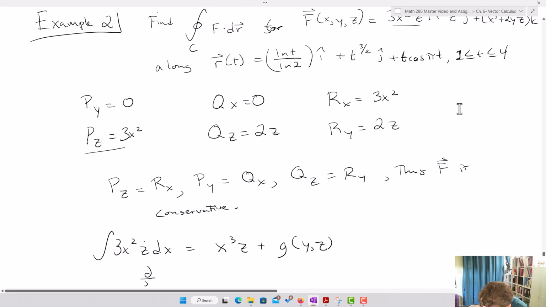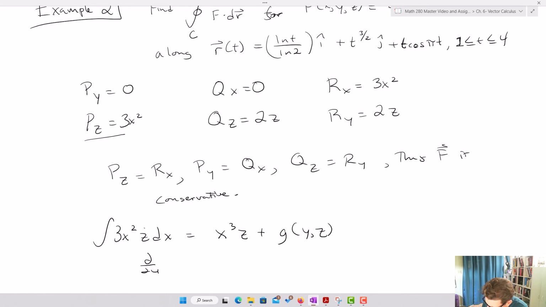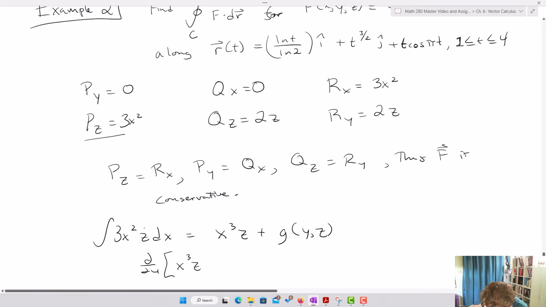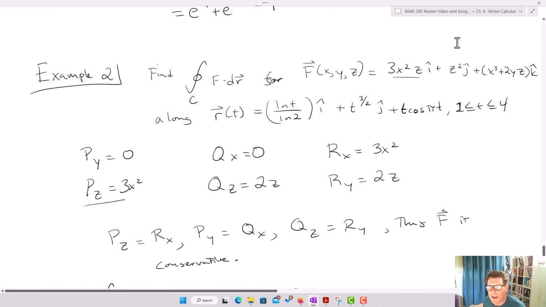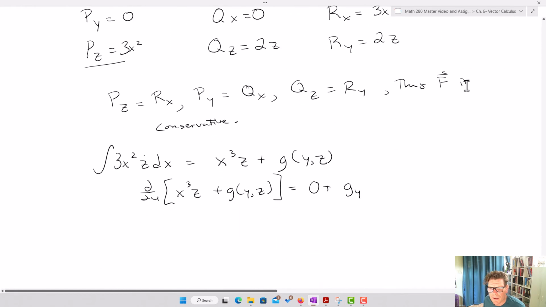So del y of x cubed z plus g of y, z is going to end up equaling 0 plus g_y. And so I'll compare that now to Q. So Q is over here, z squared. So Q equals z squared, and it equals 0 plus g_y. Thus, g_y equals z squared.